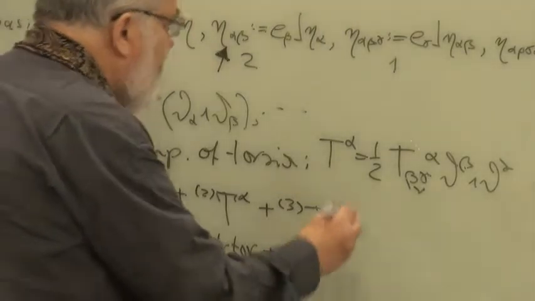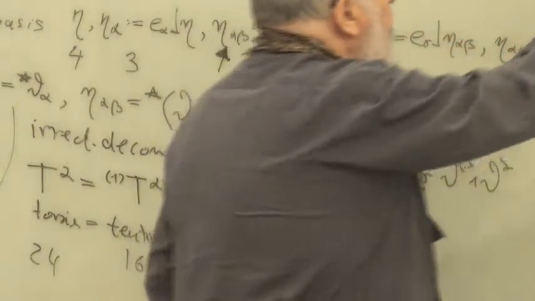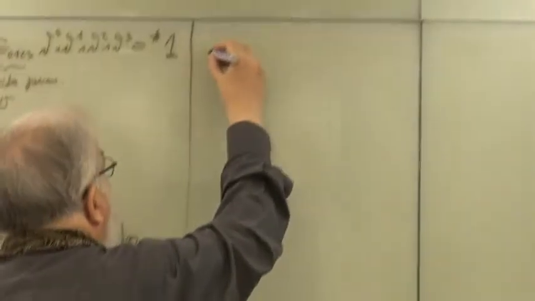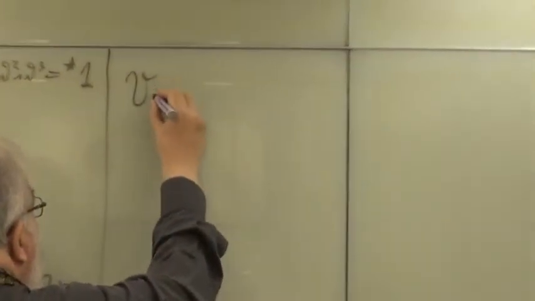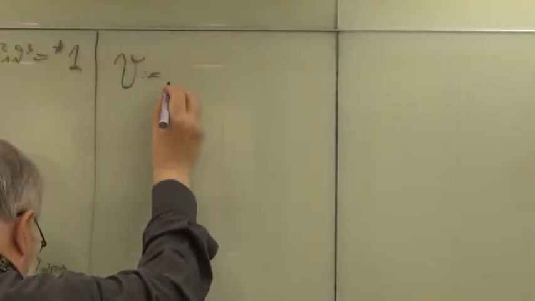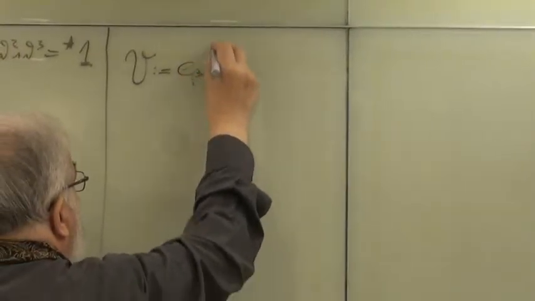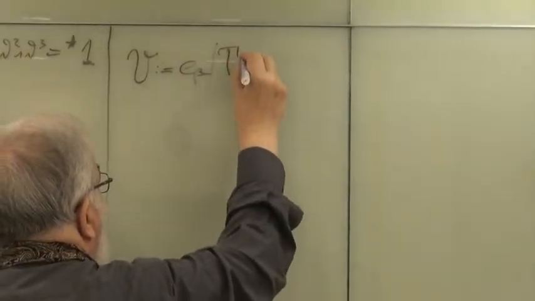And you can easily convince yourself that if you define the vector piece as follows, V by definition equals e_β ⌟ T^β.